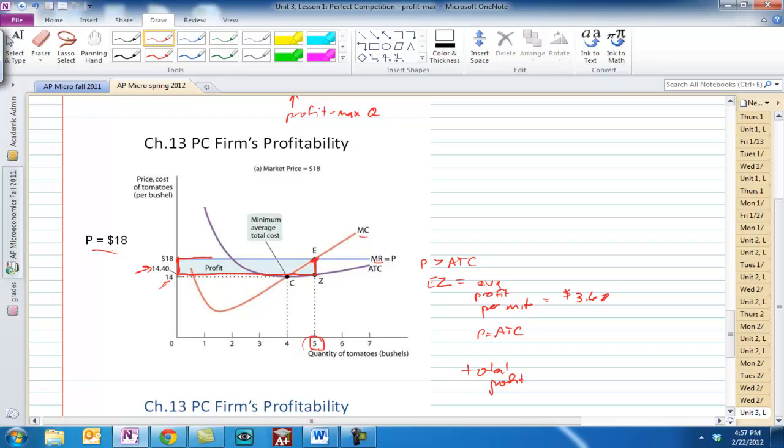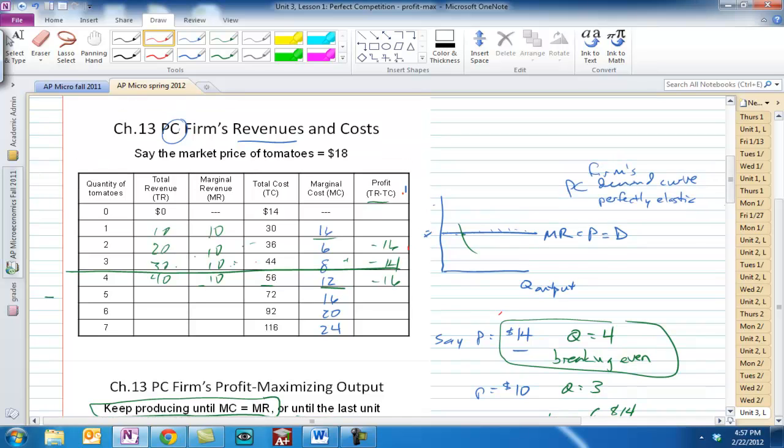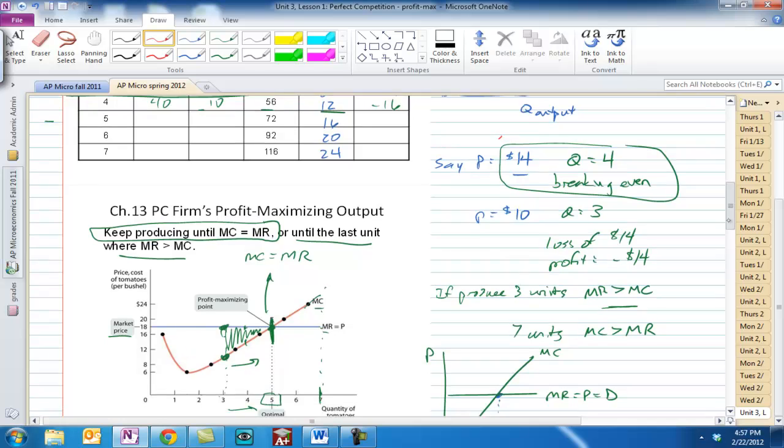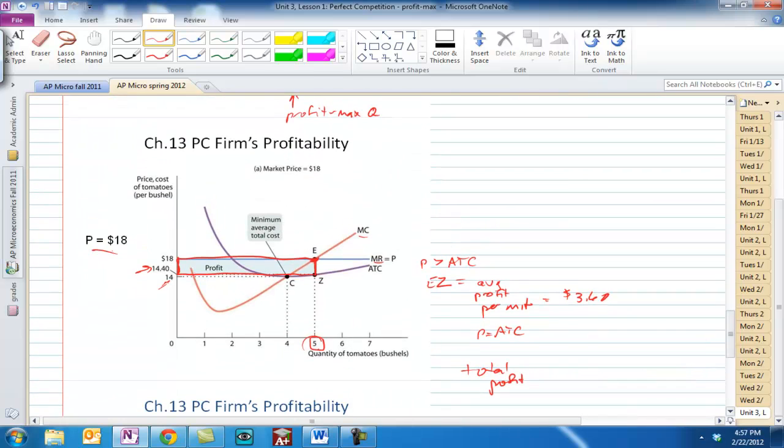So this area represents the firm's profit if the price is $18. And if you found the area of that box, it would be the amount of profit the firm was earning when the market price was 18. I erased all this already. But the profit would be equal to the area here, which is 3.60 times 5, so $18.